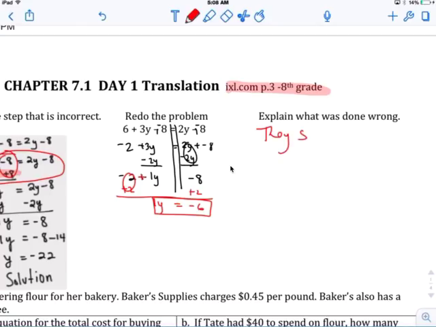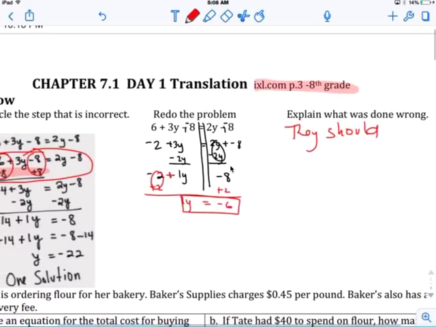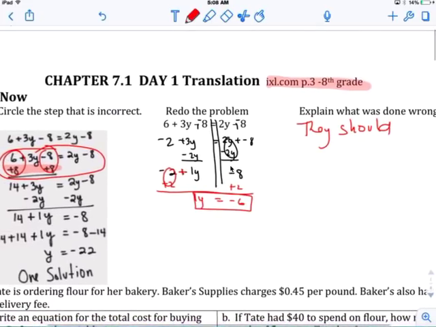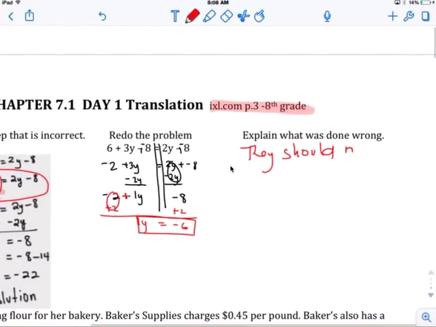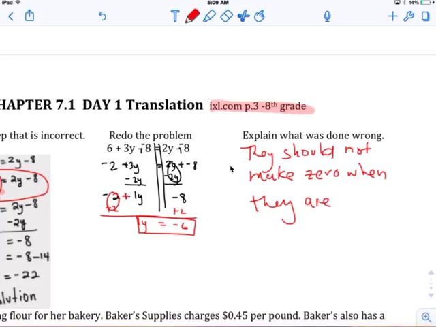They should not make 0 when they're combining like terms. They are combining like terms. Okay?